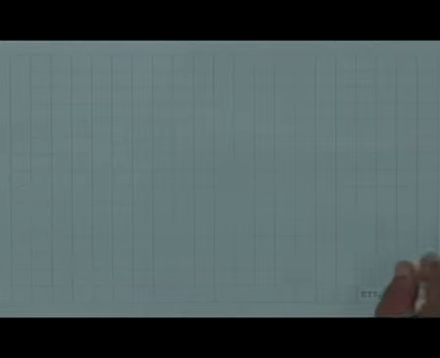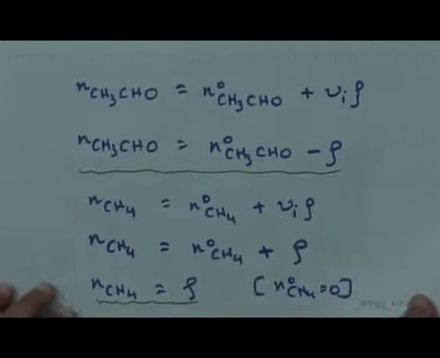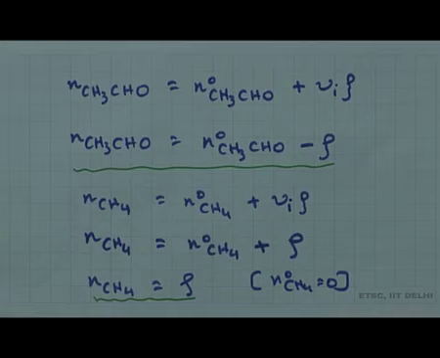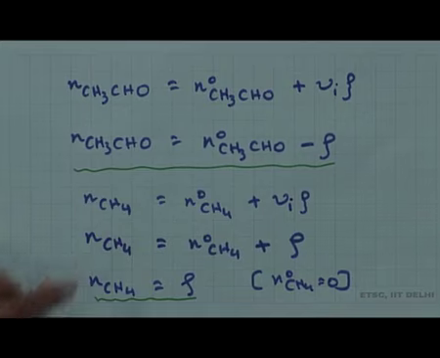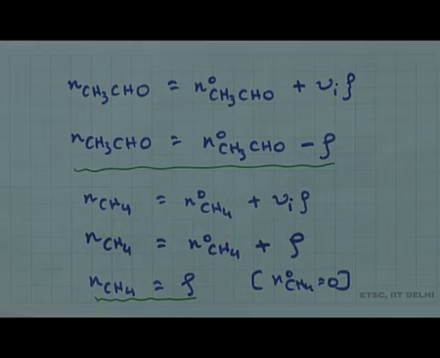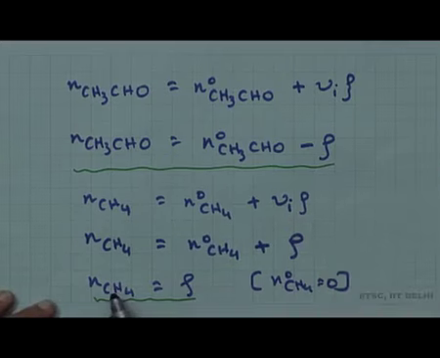Once we are done with that, we started writing down the number of moles of each and every species. The number of moles of acetaldehyde is N0 CH3CHO minus xi. Why is it minus? Because we are losing the reactant. Then N CH4 is equal to xi. Why?